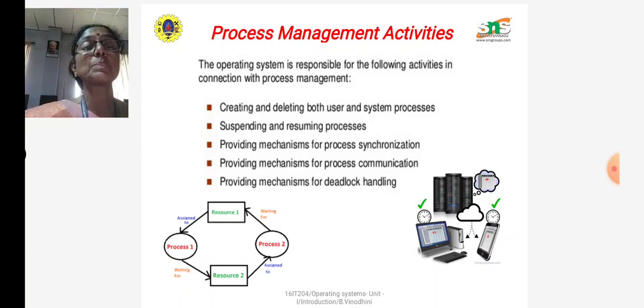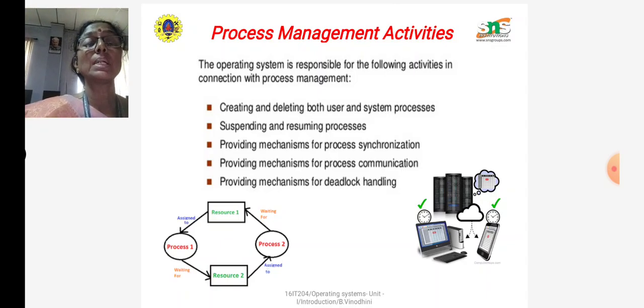Next is suspending and resuming processes, and the third activity is providing mechanisms for process synchronization. Process synchronization means that if two processes require the same store address space or executable space, they have to be synchronized through some mechanism. That mechanism is provided by the operating system.